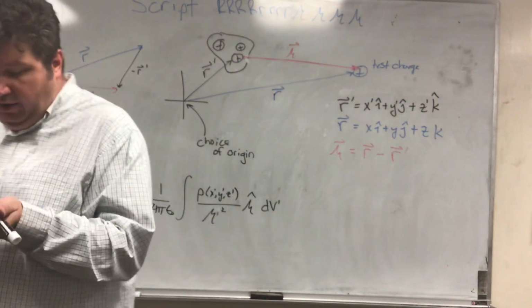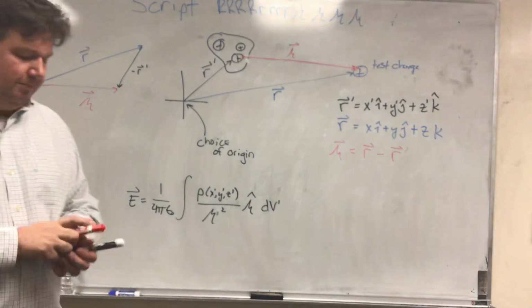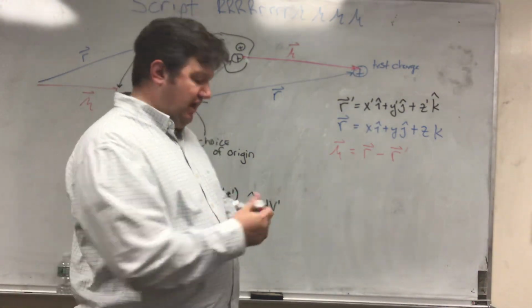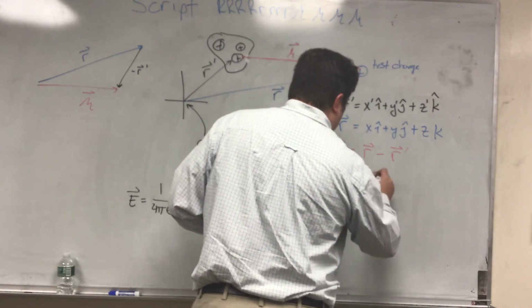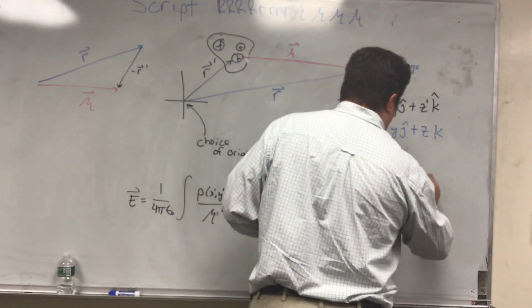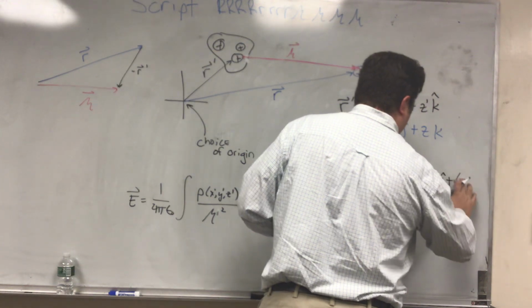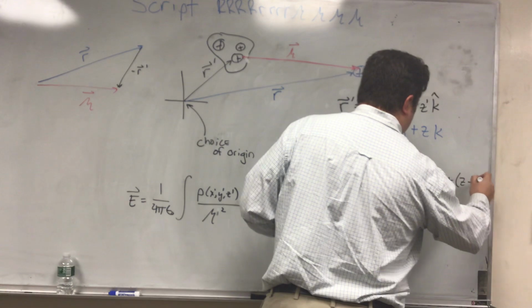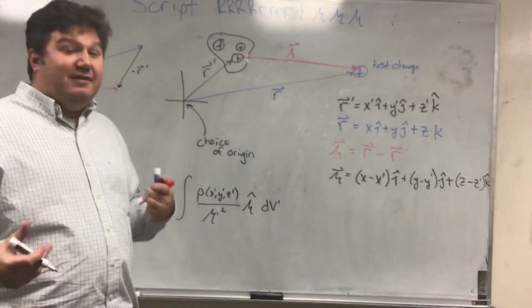Now this isn't a terrible vector to figure out, because you can just group the i's, the j's, and the k's and get the following expression: x minus x prime i hat plus y minus y prime j hat plus z minus z prime k hat. That's not terrible, right?